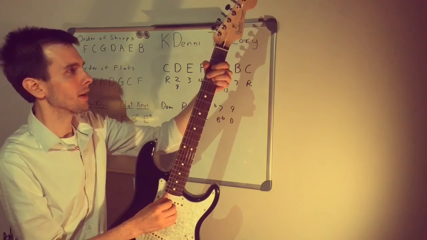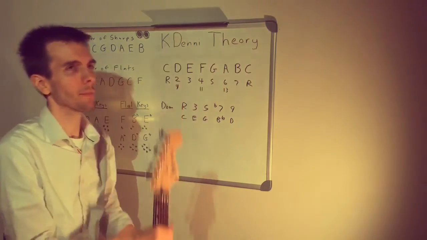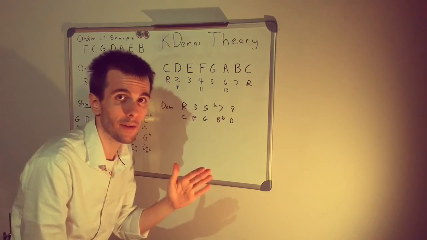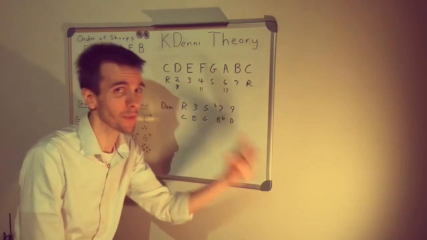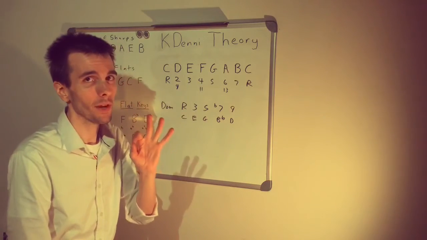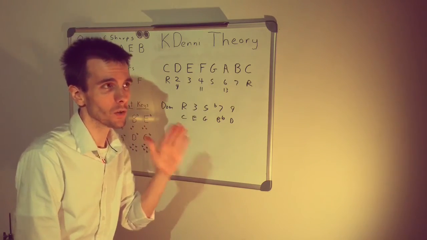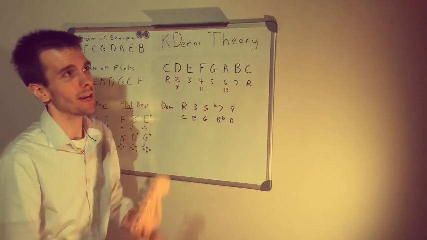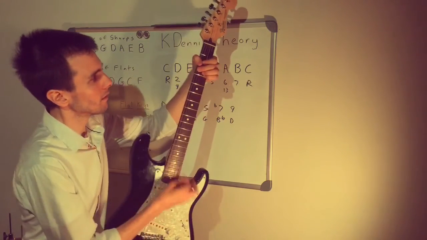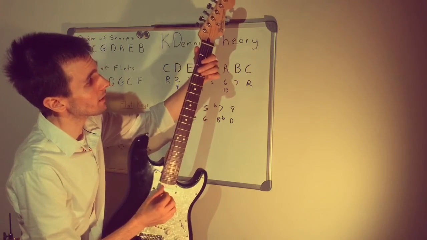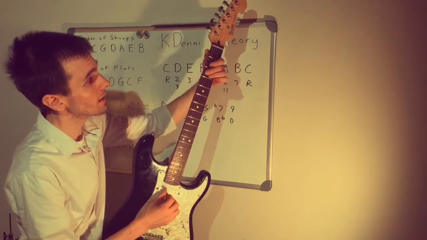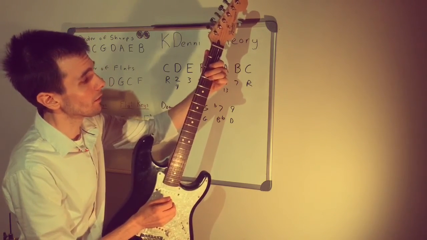Remember how we were talking about C dominant being just C7, and when you add a tension to a chord, it takes the place of the 7? The same thing applies to dominant chords. So this chord is a C9. Here's our 9, that's a D, on top of our normal dominant chord.